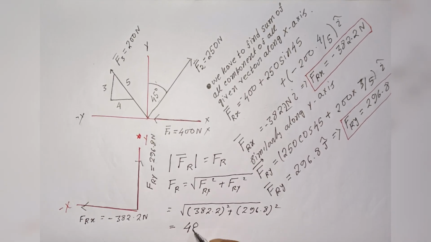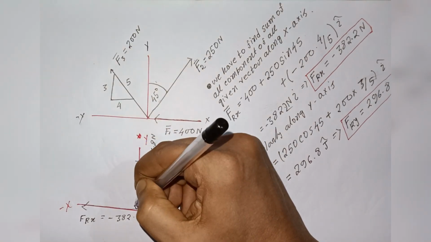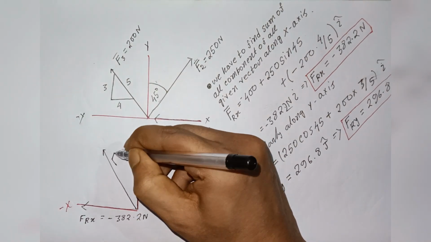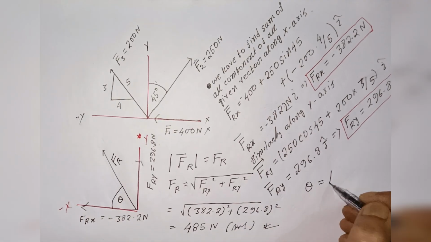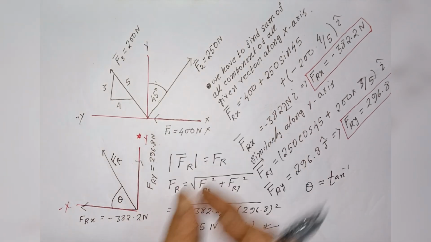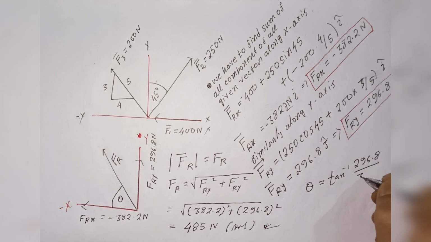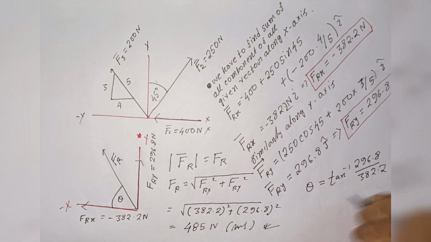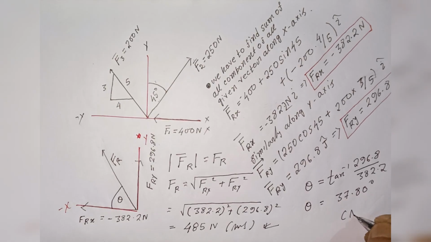Now we find the direction with respect to the x-axis. Let theta be the angle between the x-axis and the resultant. Theta equals tan inverse of height by base, where height is FRY and base is FRX, and finally you will find the answer.